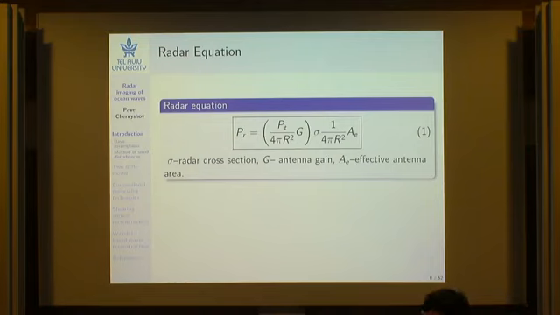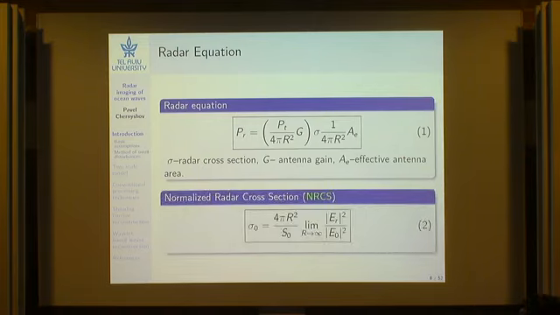It's actually what we are measuring with the radar. The most important thing is the trend R to the power minus 4. The sigma, the normalized radar cross section, is defined like this. Here we also have range. S actually is the area of the target. This is the field in the far zone. This is the field near the radar.